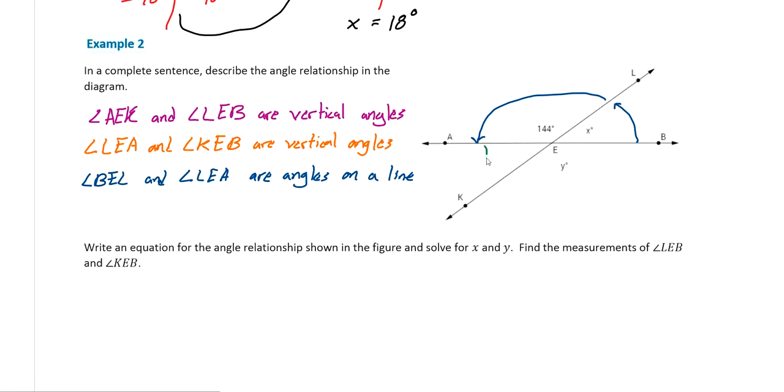And on that same line, I could say angle AEK and KEB are also angles on a line.